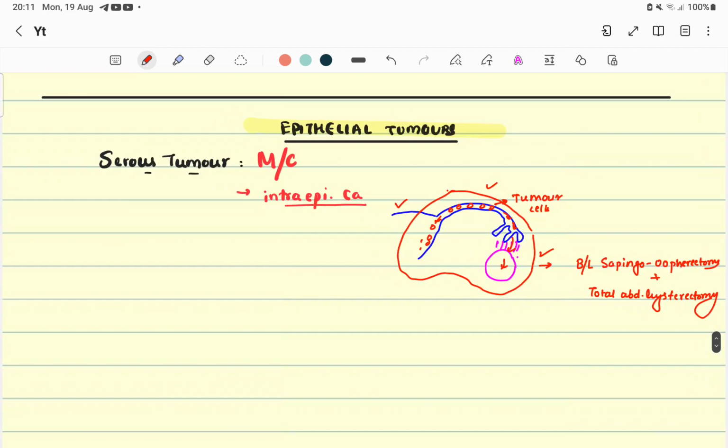And here the genes which are responsible are BRCA1 or 2. It may be associated with BRCA1 or 2, and BRCA is associated with breast carcinoma as well.